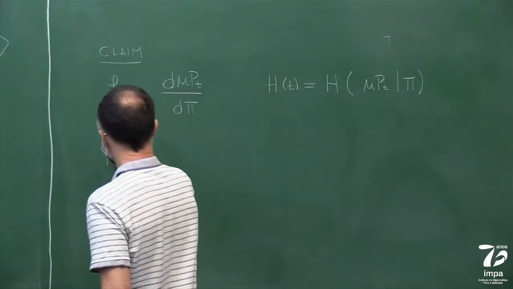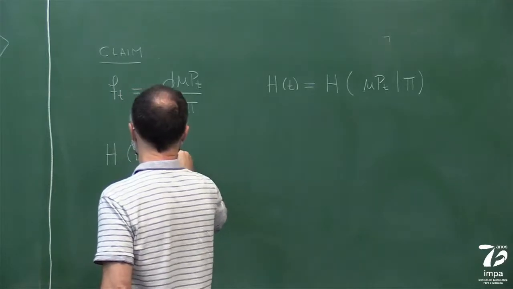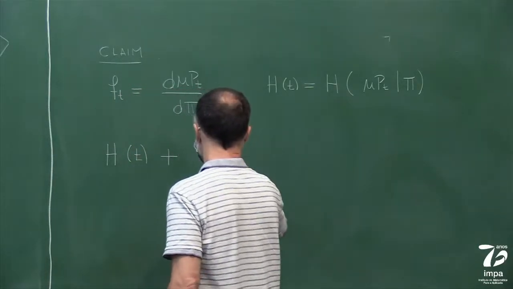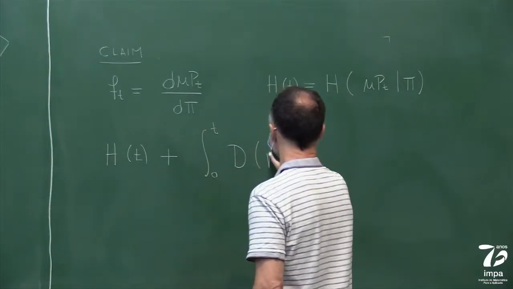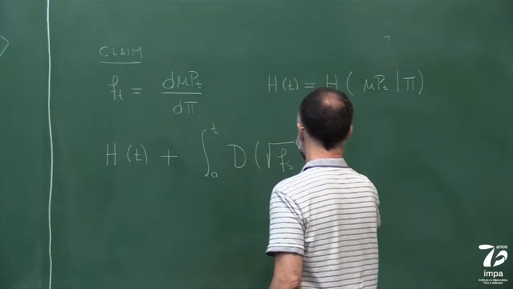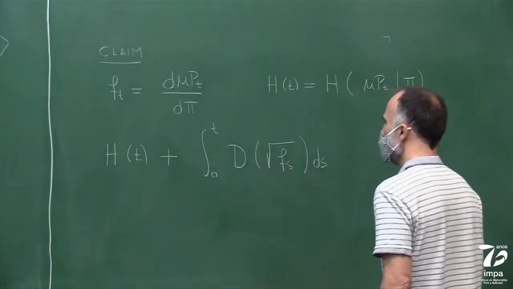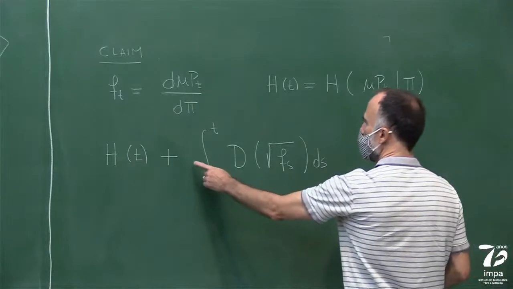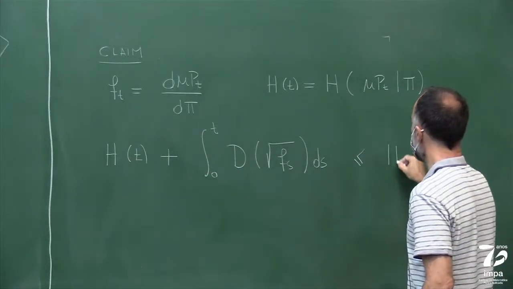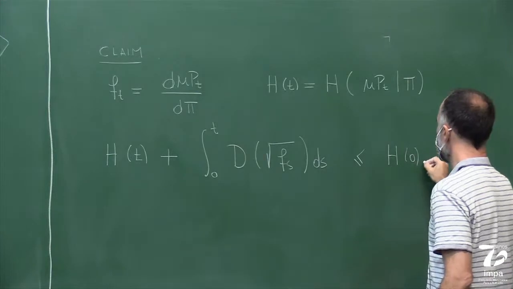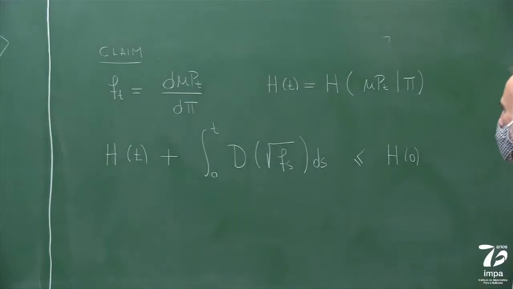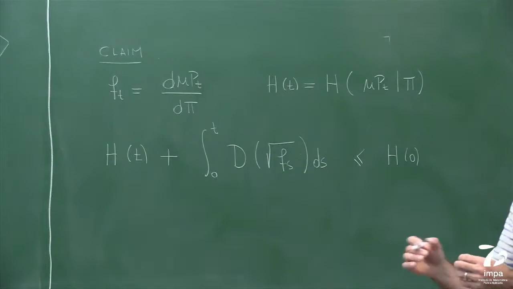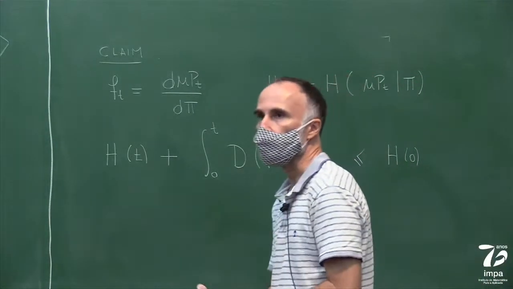And we obtained the inequality that h t plus the time integral from 0 to t of the Dirichlet form of the square root of f s ds, and maybe with a 2 here, is bounded by the entropy at time 0. Okay. And these are the bounds I will need in order to close the martingale in terms of the empirical measure.